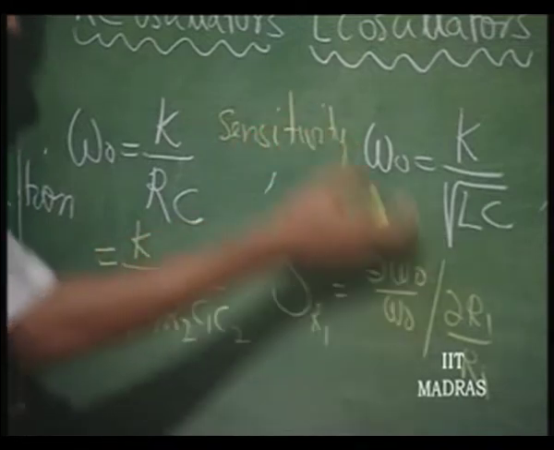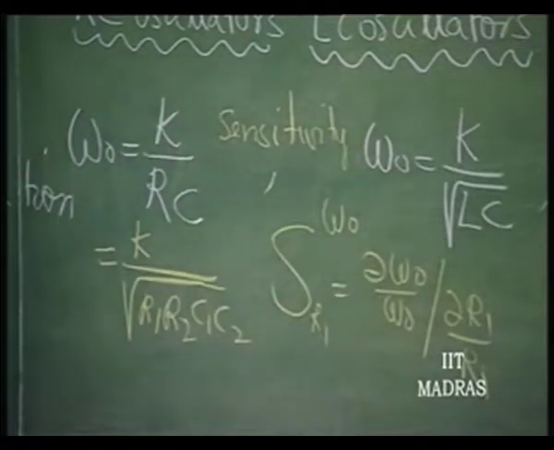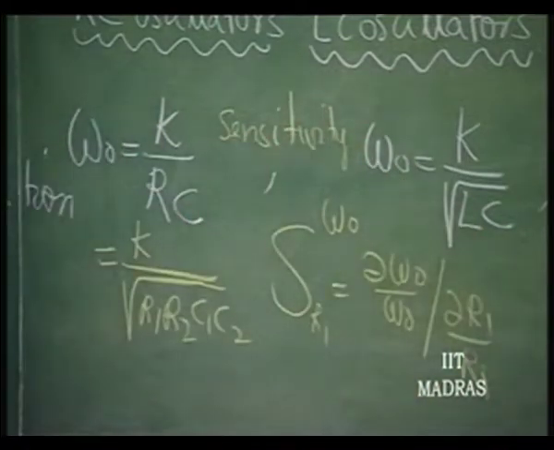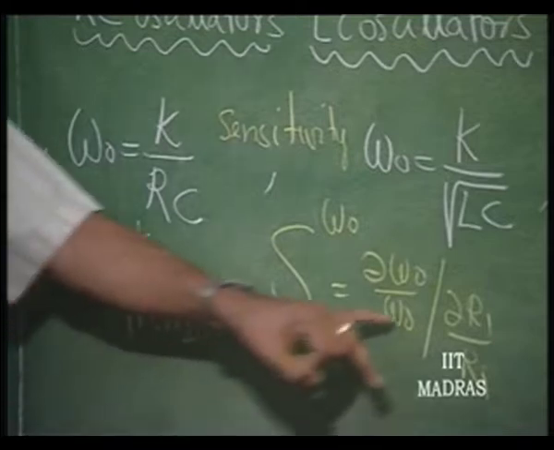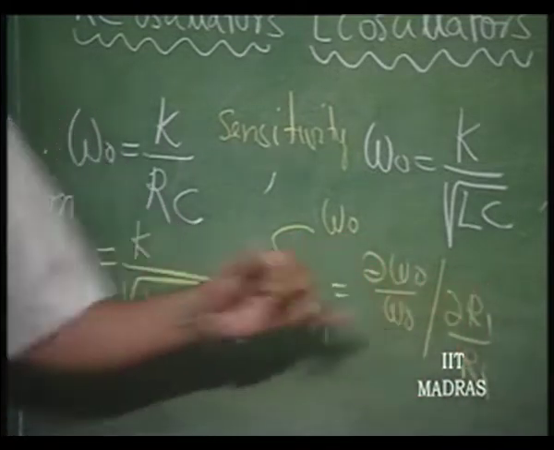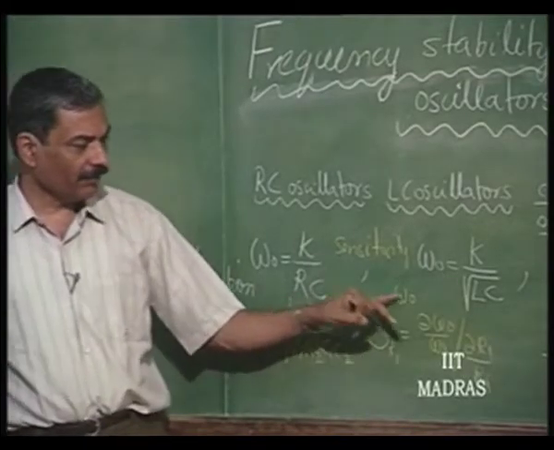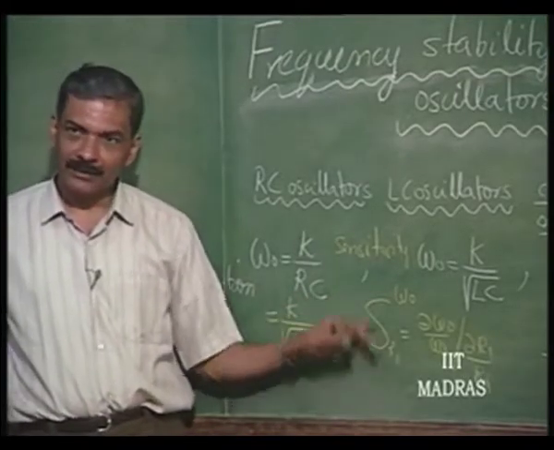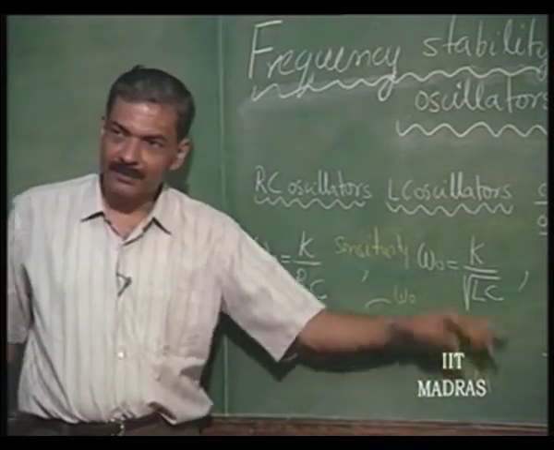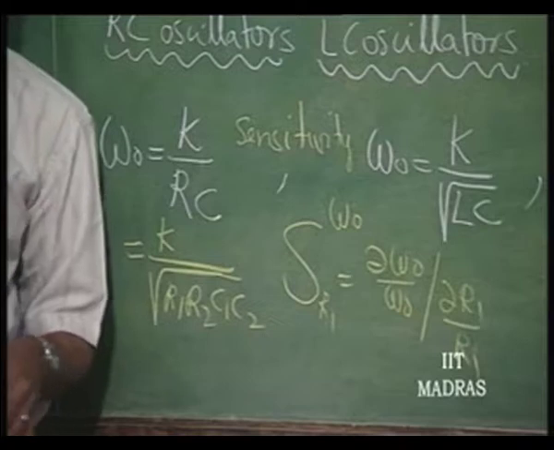What is the percentage change in frequency for a percentage change in the component value? That is defined as the sensitivity of omega naught to R1. Similarly, the sensitivity of omega naught to R2, with delta R2 by R2.